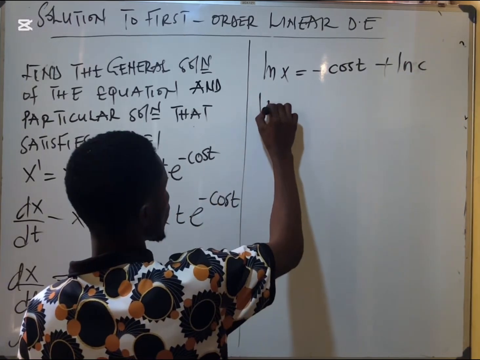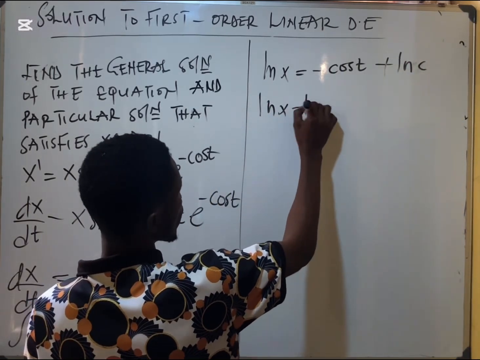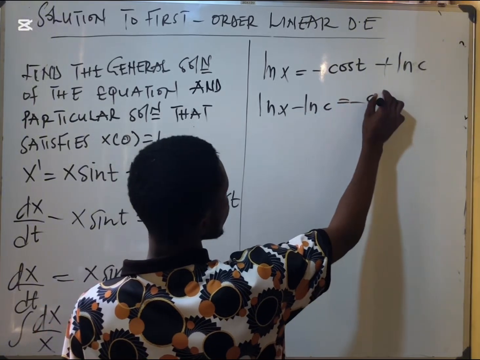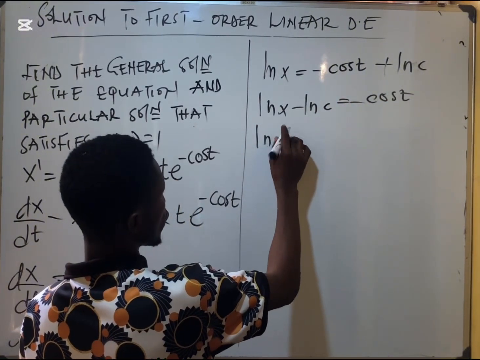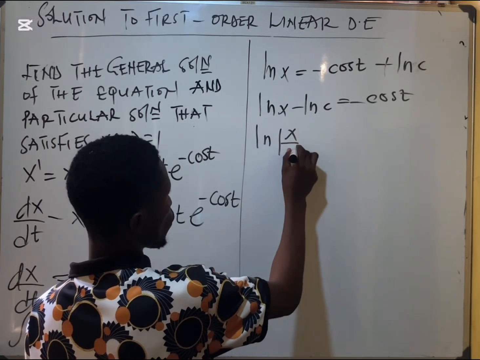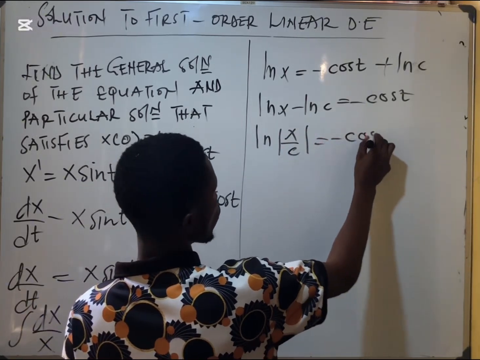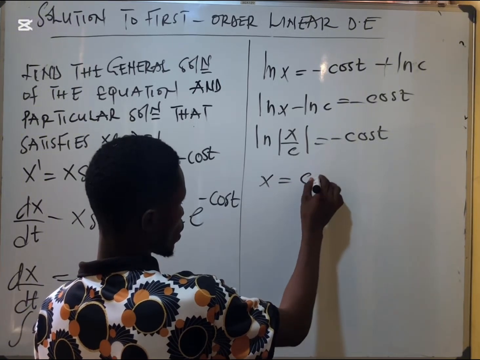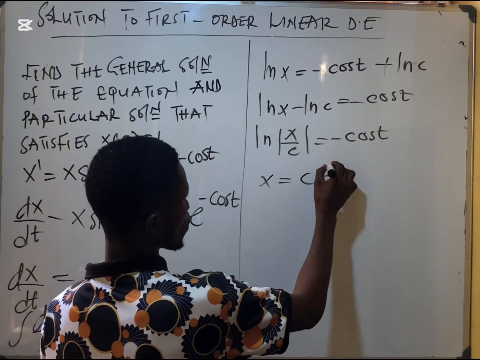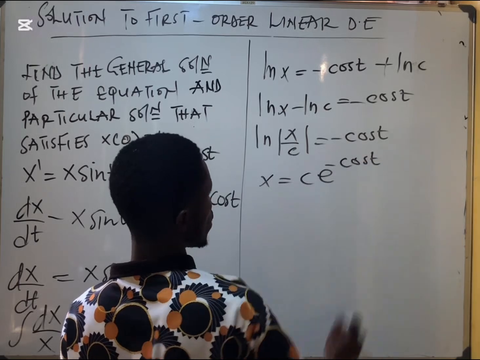So this is going to give us ln x minus ln c equals negative cos t. This will give us ln of x over c equals negative cos t, so that my x will be equal to c e to the power negative cos t.